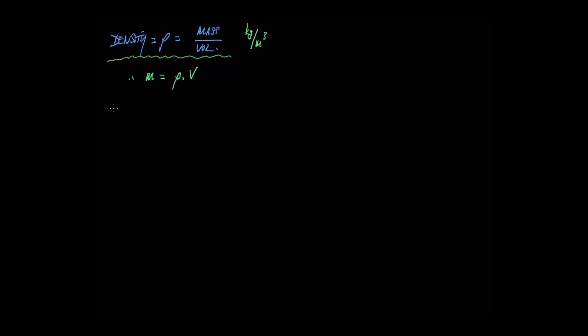So let's just do a quick example. Let's say we have a wrecking ball swinging there, and obviously it has a mass, and we want this to have a lot of mass. Because when something has a lot of mass, it is not only massive, but it has a lot of inertia.